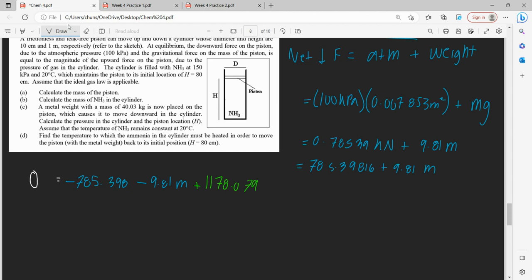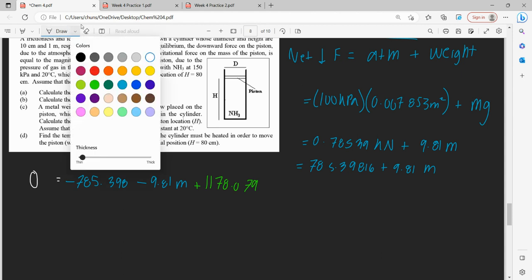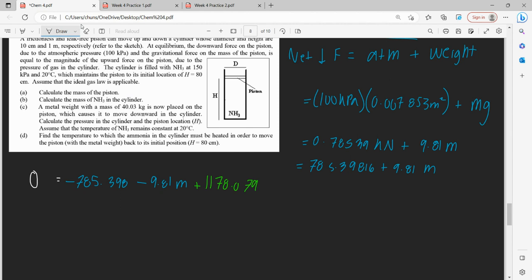So when we move this stuff over, this gives negative 392.699 equals negative 9.81 m.